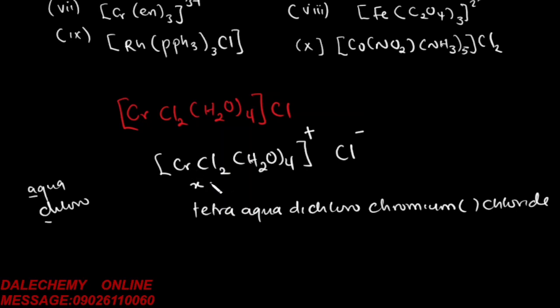For chlorine it will be -1, and we have 2 of that, so -1 times 2, plus water is neutral, so 0 times 4, must give us +1. That will be x minus 2 equals 1, so x equals 1 plus 2, that is 3. So you put chromium 3 here, and the name for the first compound is tetraaquadichlorochromium(III) chloride.